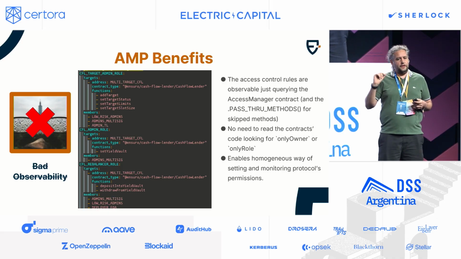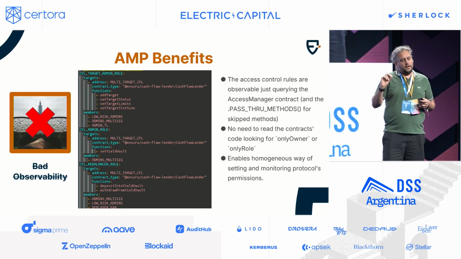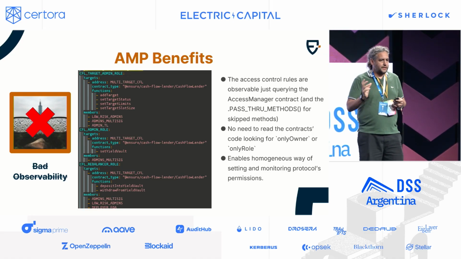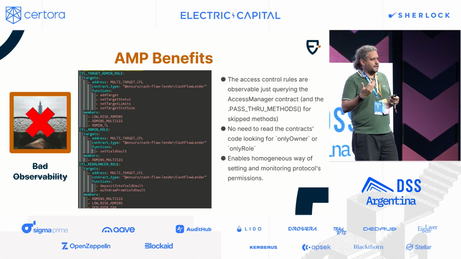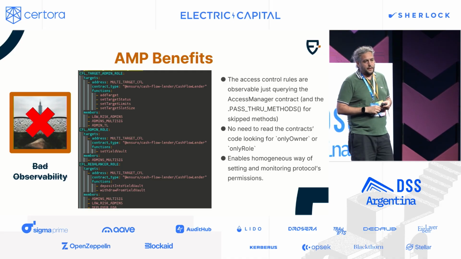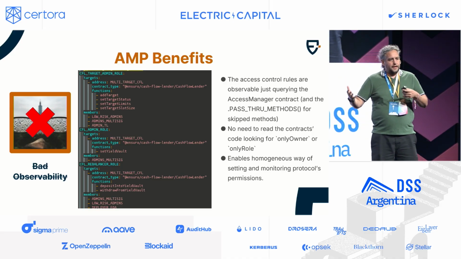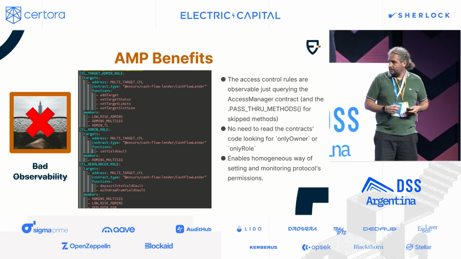You just need to query the access manager configuration, or the proxy, perhaps for the pass-through method, for the skipped methods. But only that, just querying the blockchain, you can know what is the access configuration for a given protocol or for a given contract, instead of, I don't know, going and reading and parsing the code and seeing which method has a given decorator.